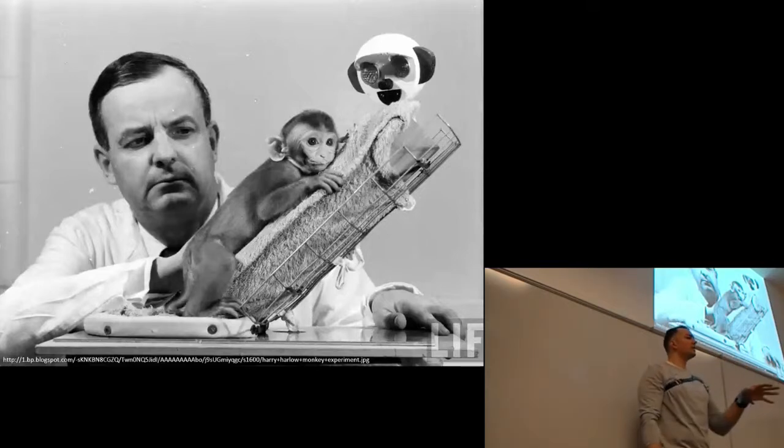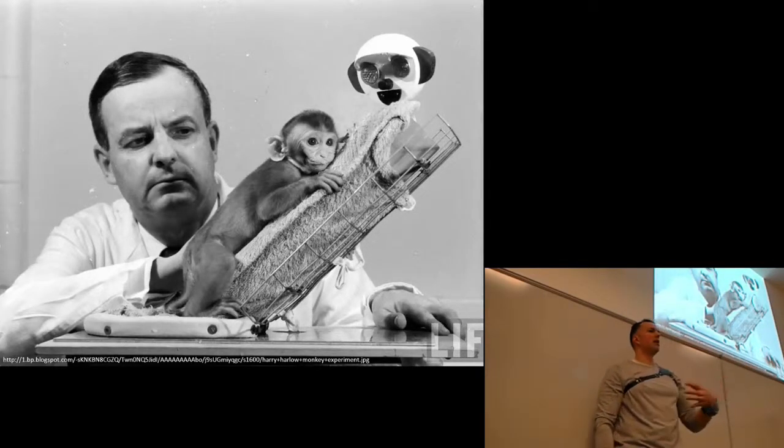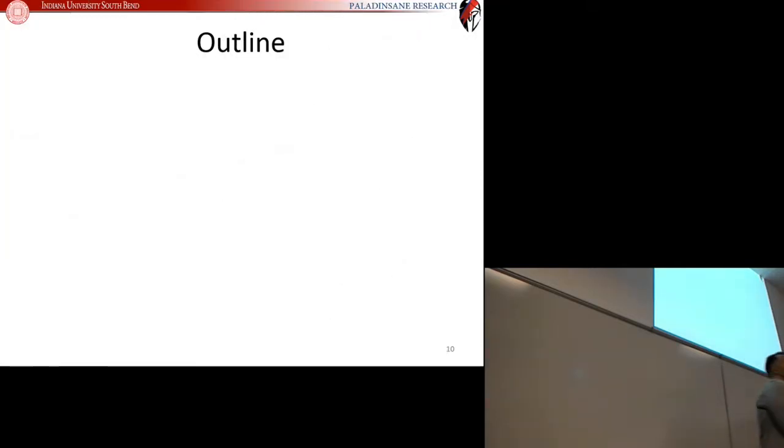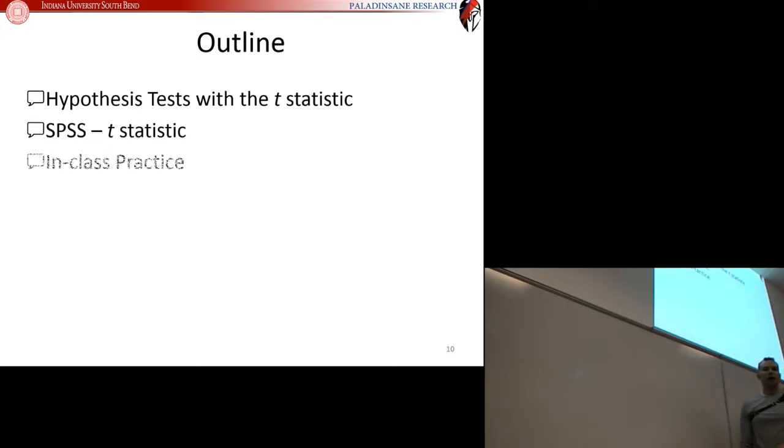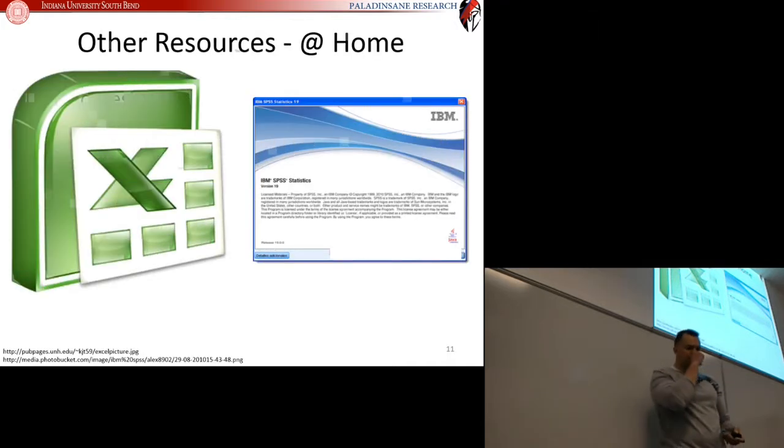So we're going to revisit Harlow and his infant monkey attachment study, and then we're going to see how to do that study for real using SPSS. We're going to just briefly revisit hypothesis testing with the t-statistic. Then we're going to jump into SPSS, and then we'll have some in-class practice, time to work on those skills.